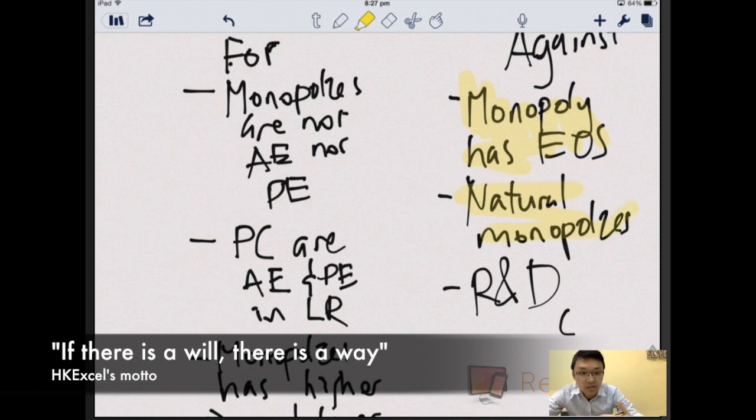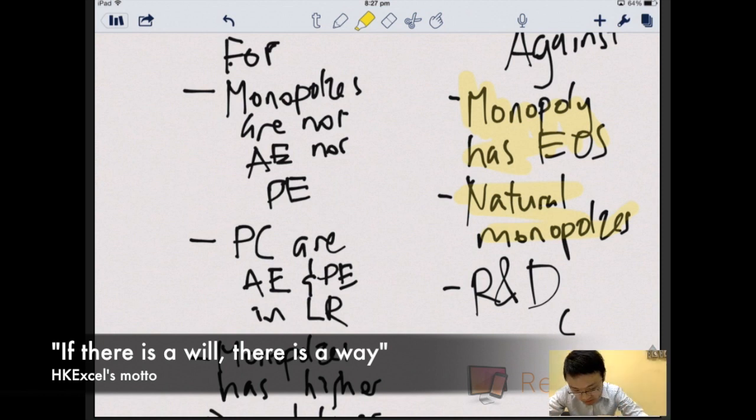Natural monopoly is a monopoly that exists because the market would not exist if it were not a monopoly. In other words, the market can only exist as a monopoly, and that's due to high cost of production. Let me give you an example. That is like a railway system in most countries, right? In most countries, the railway system is a monopoly. Why is that?